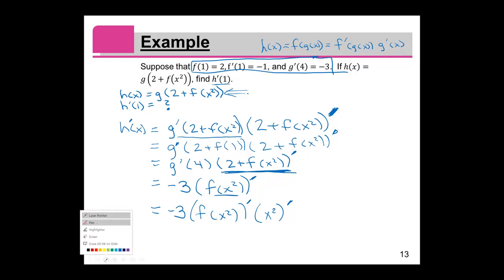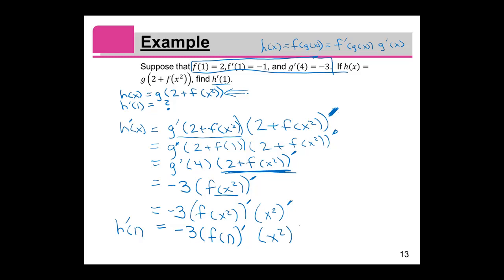Yeah. Okay. And then, well, what is f of x squared actually equal to? Because we remember, we're trying to find h prime of 1. So now I'm kind of ready to start plugging stuff in, aren't I? So basically this is f prime of 1 times the derivative of x squared, right?